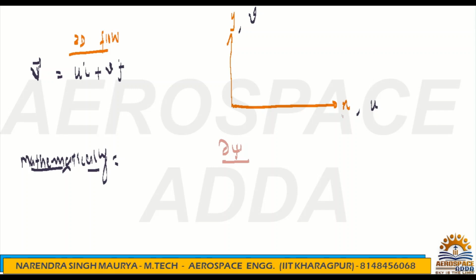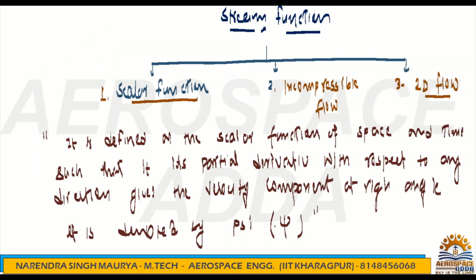Suppose I am taking the derivative in the x direction, so dou psi by dou x is equal to, it will give the velocity at right angle. Our x is here, so what is the right angle? This is the right angle, that is y, and in the y direction what is the velocity? It's v.